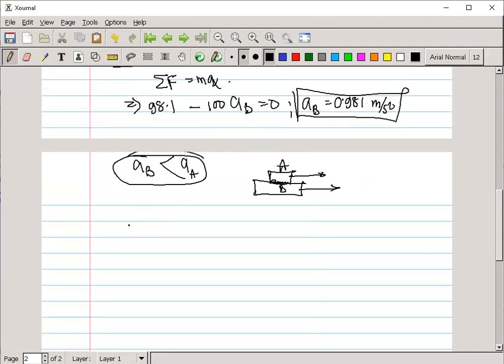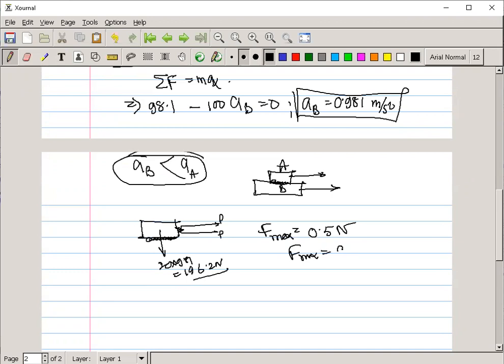Like the previous one, for block A, you can see this is P, and for the coefficient of friction, F max is equal to 0.5 into normal, and normal is how much? Its own weight, which is 20 into 9.81, that is 196.2 Newton. So F max is equal to, like the similar one, 98.1 Newton.